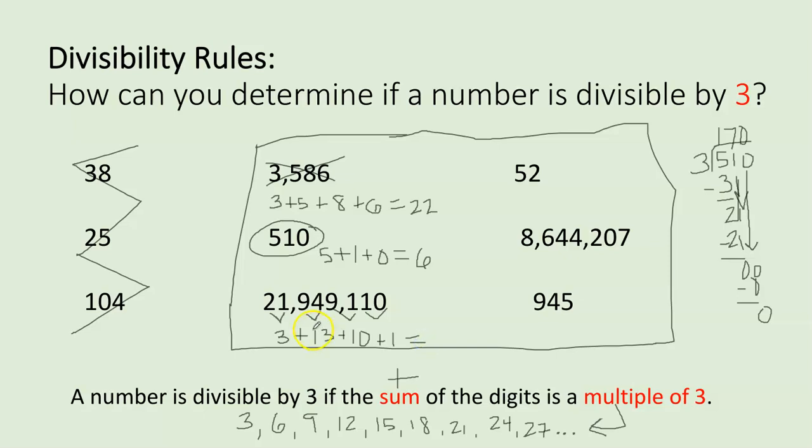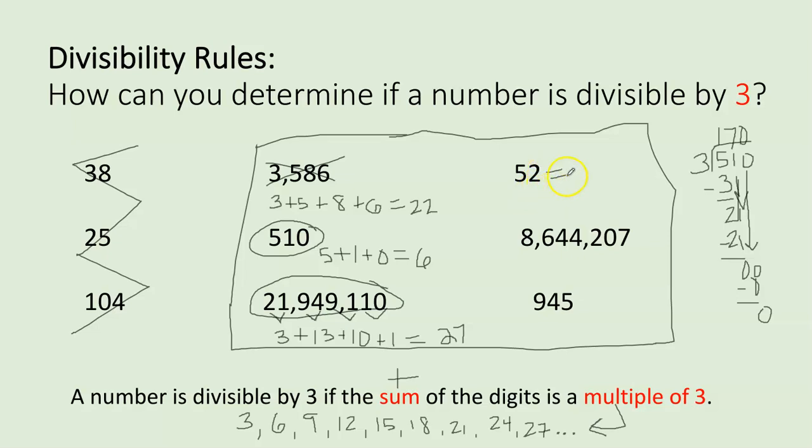All right, let's add the next series up. 3 and 13 is 16, plus 10 is 26, plus 1 is 27. So when you add all of those digits together, you get 27, and 27 is a multiple of 3, so 21,949,110 is divisible by 3.